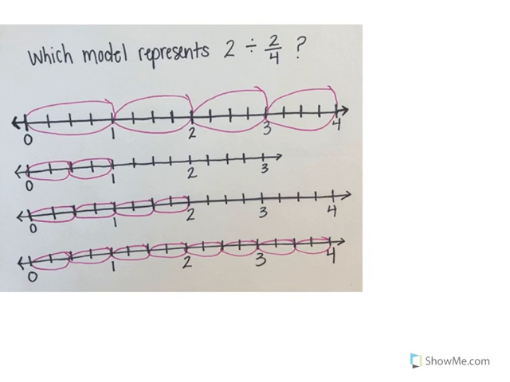The first thing I want to determine is what whole number is represented in these number lines and how I can identify that. Looking at this first one, I see that there are 4 circles, and those 4 circles fall between the integers of 0 and 4.